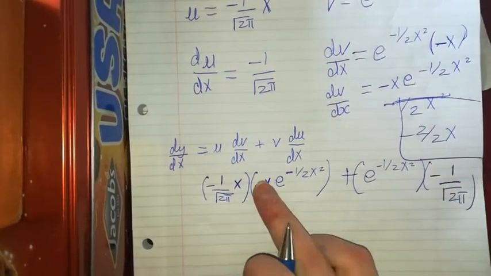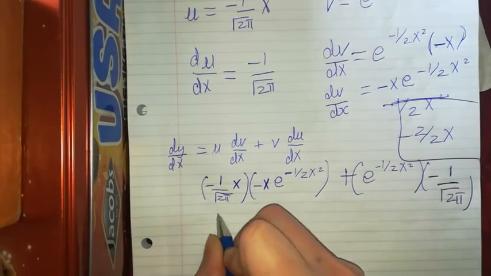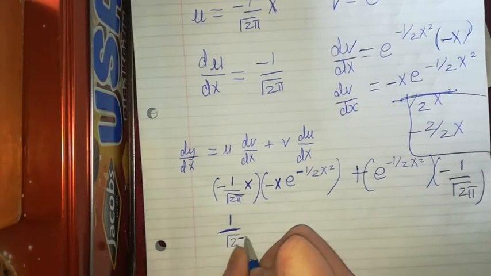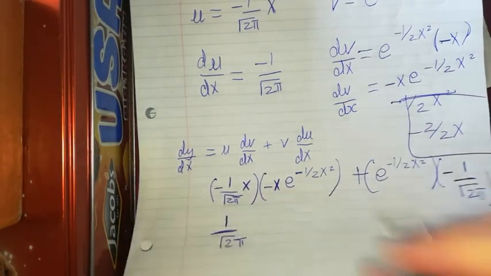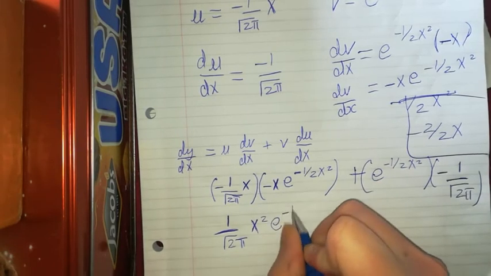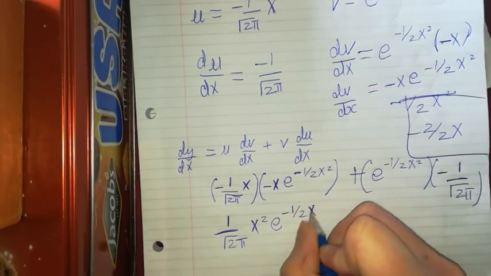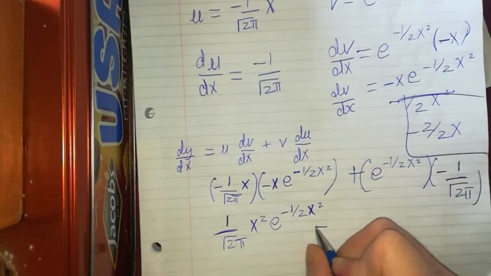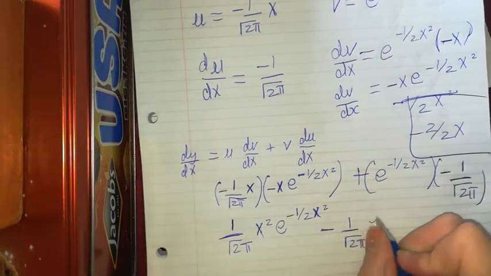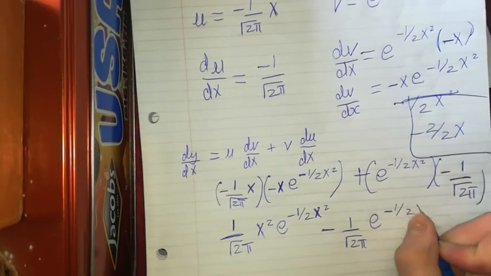That's a minus by a minus, so it's going to be a plus: 1 over root 2 pi, and that's x by x, so x squared, e to the power of minus a half x squared, and then minus 1 over root 2 pi, and then e to the power of minus a half x squared.